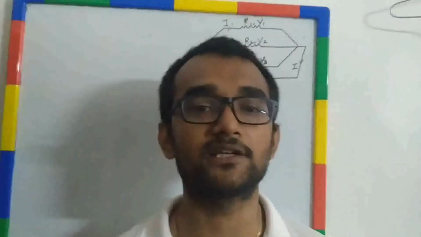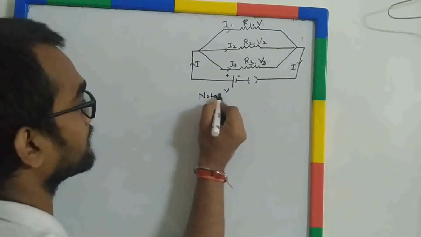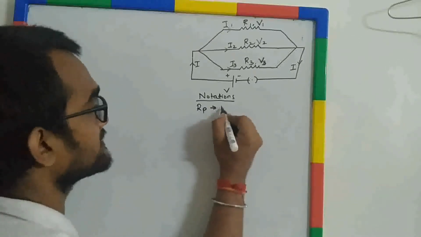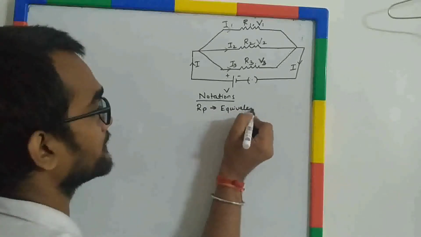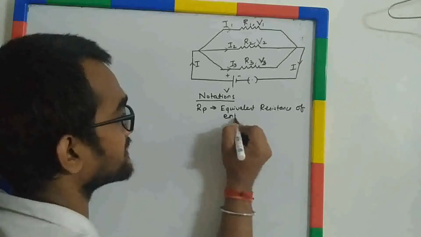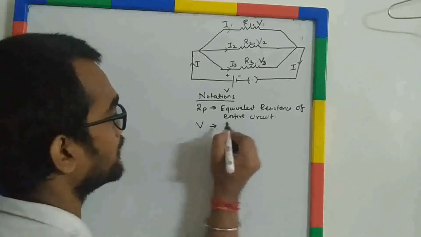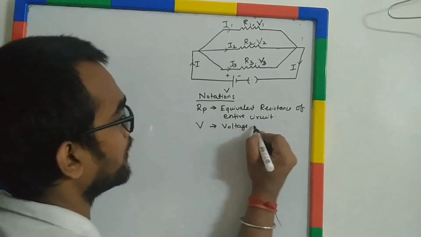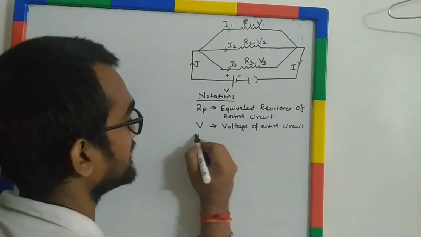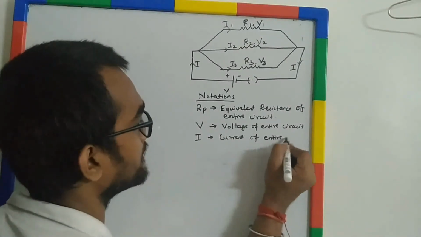Now I will refer all the notations related to this derivation. Notations. First one is Rp, that is the equivalent resistance of the entire circuit. V, voltage of the entire circuit. I, current of the entire circuit.